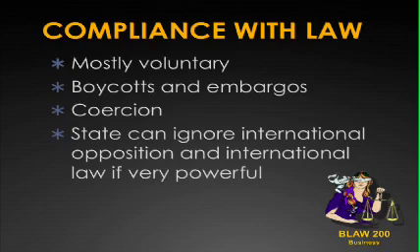Well, we can extend economic sanctions, we can boycott, we can embargo, and in certain instances we may use coercion. But for the most part, the United Nations is not going to be using force with other countries. The sole instances are for peacekeeping. So the UN does get involved in peacekeeping, but certainly nothing on the commercial or business side is going to result in any kind of sanctions of the type we would see within a country.